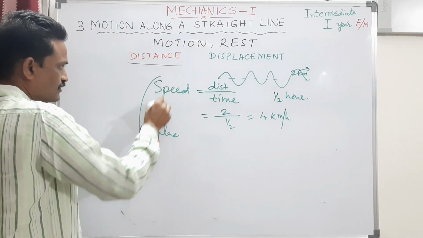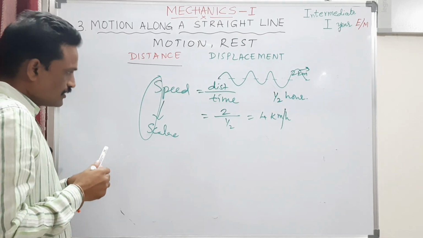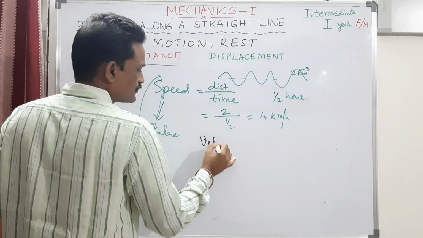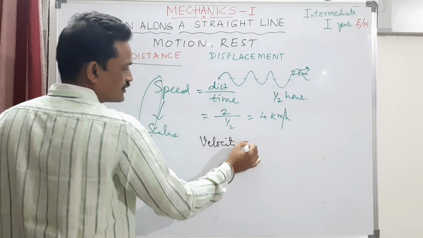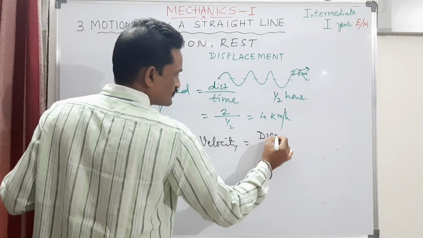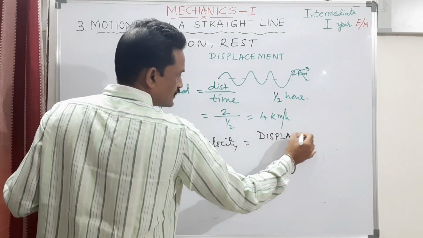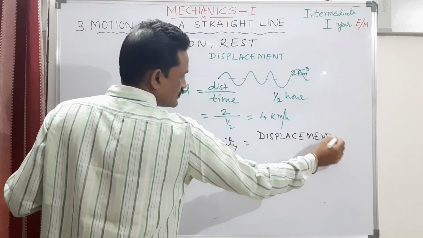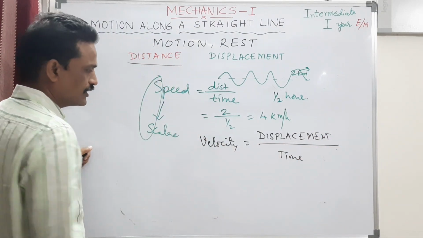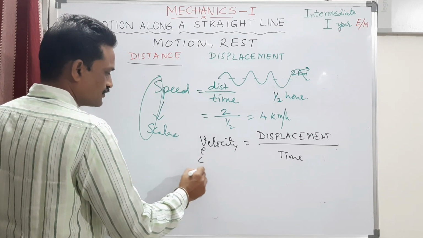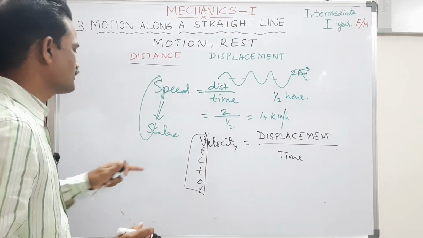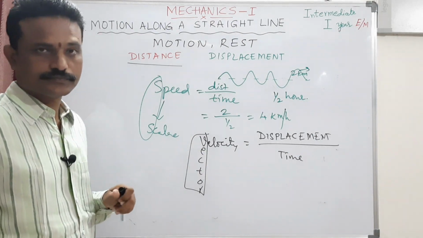So you can remember, yes. And the analogous term to speed is velocity. In the case of velocity, instead of taking distance, you have to take displacement. So displacement divided by time is velocity. So velocity, you can remember, is a vector quantity. That is the best way to remember.